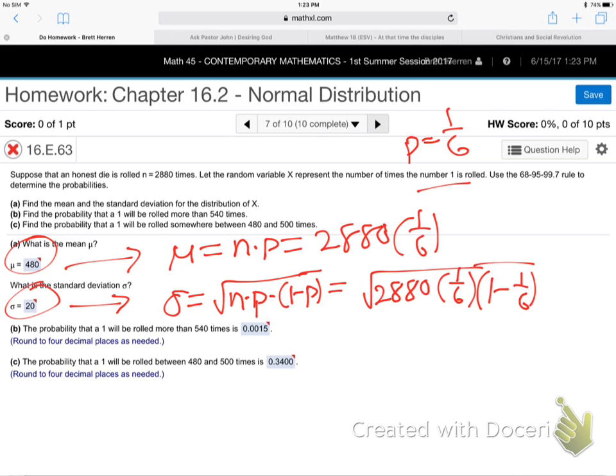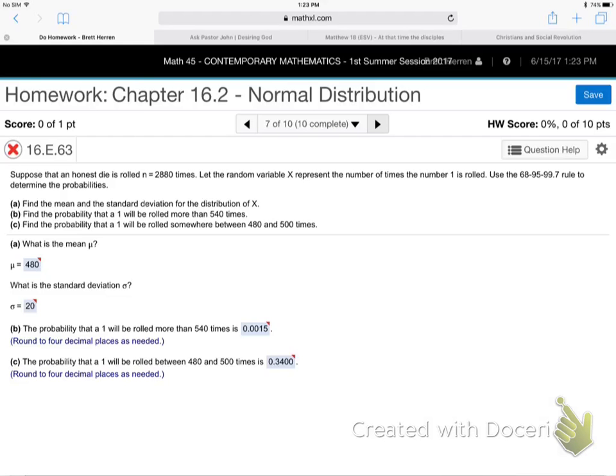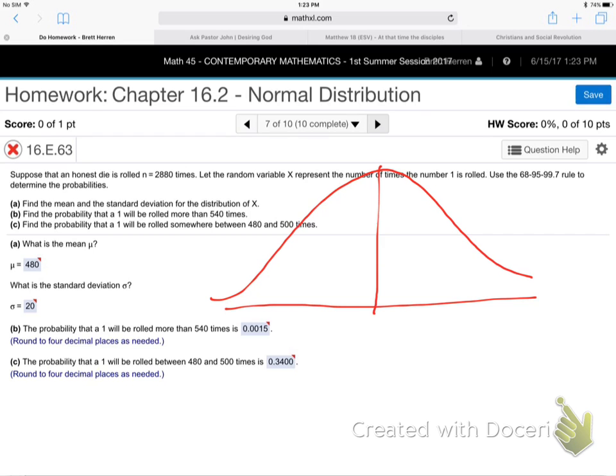So, okay, if I go to a fresh screen, everybody got that information down? We good with all that? Okay, let's go to a fresh screen and got to come up with the bell curve. So here we go yet again with the bell curve. The middle is the mu, which is the 480.